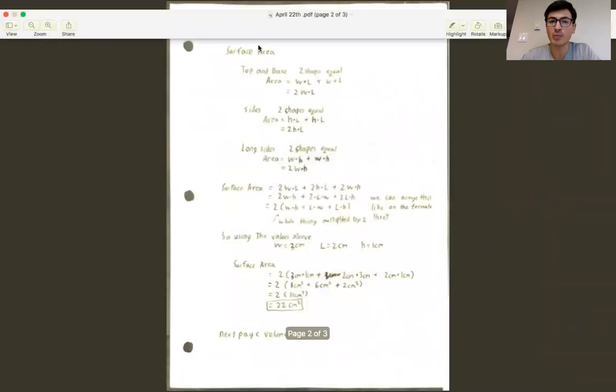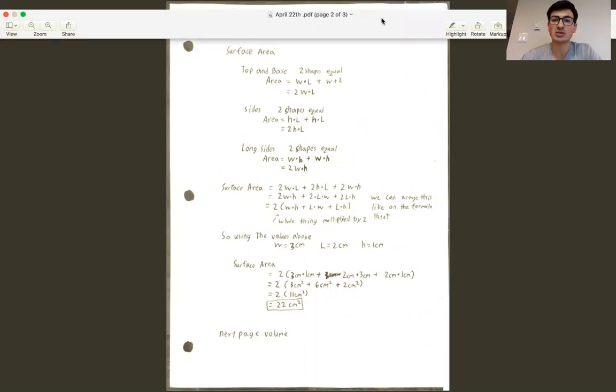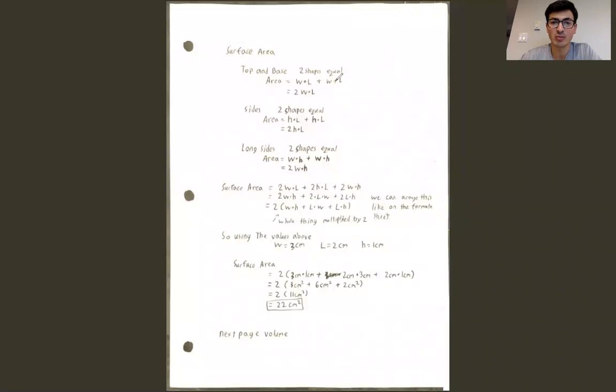So if we look at the top and the base, the area is going to be the length times the width. That's the dimension of the rectangle. And we're going to add that second rectangle, which is going to be the width times the length. Unfortunately, I wrote a plus there by accident, so let's just fix that. And that's going to be multiplication.